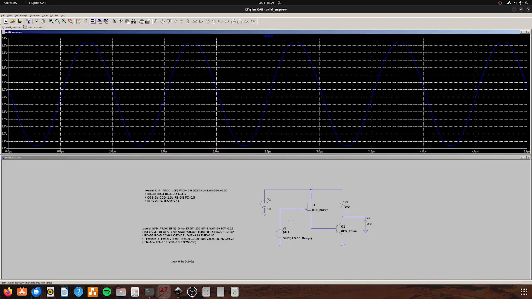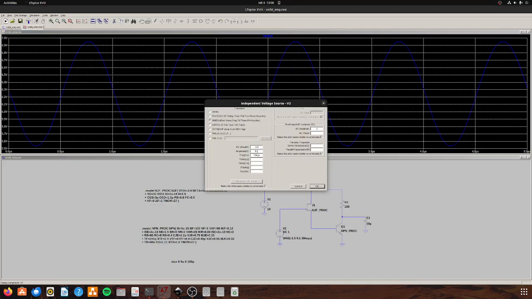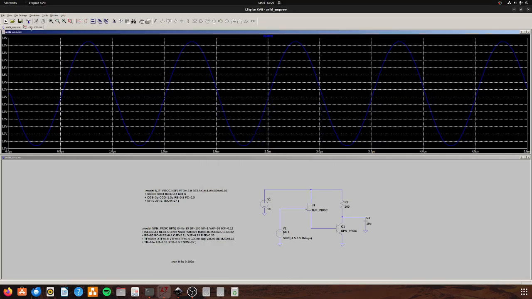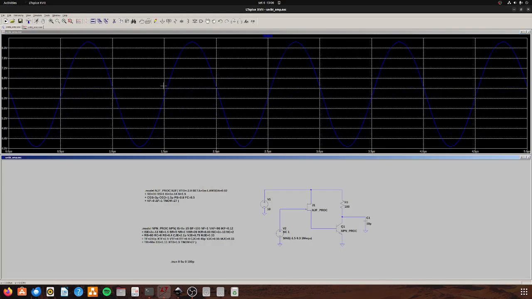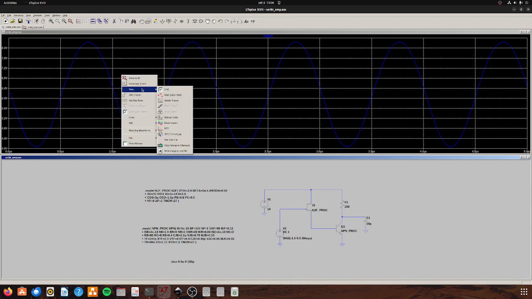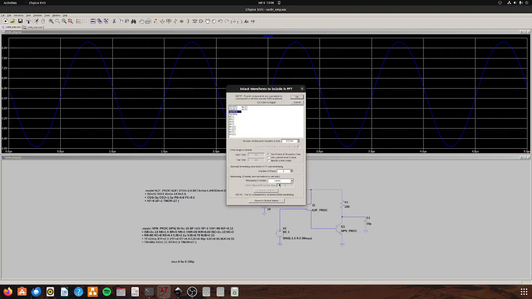But if I increase this too much, like to 3, we will start to see some clipping on the signal. Actually, not so much, but the signal must have a higher distortion.